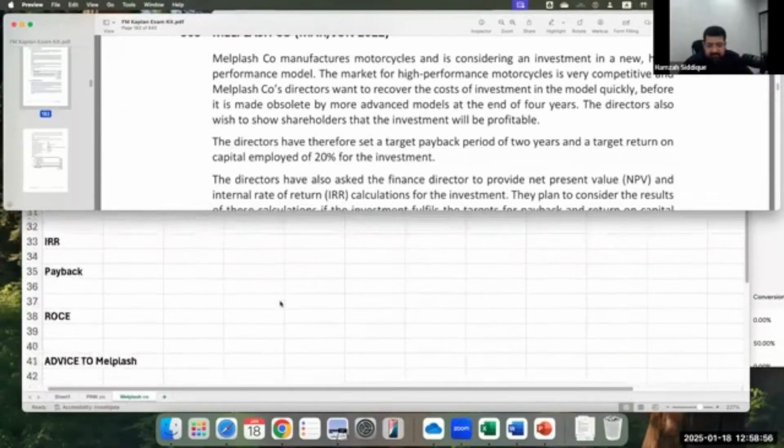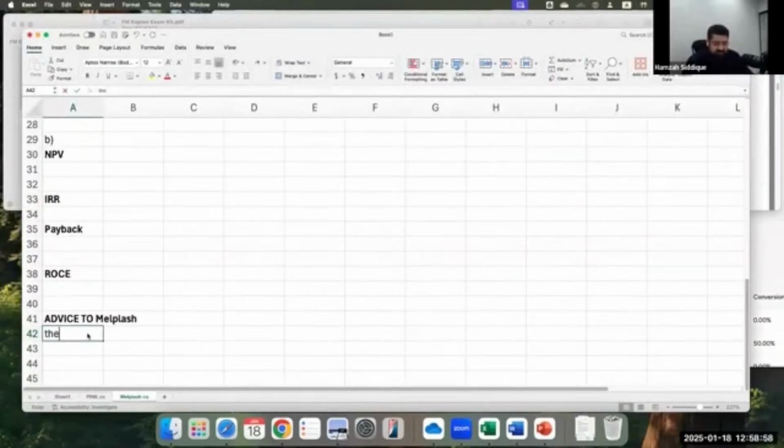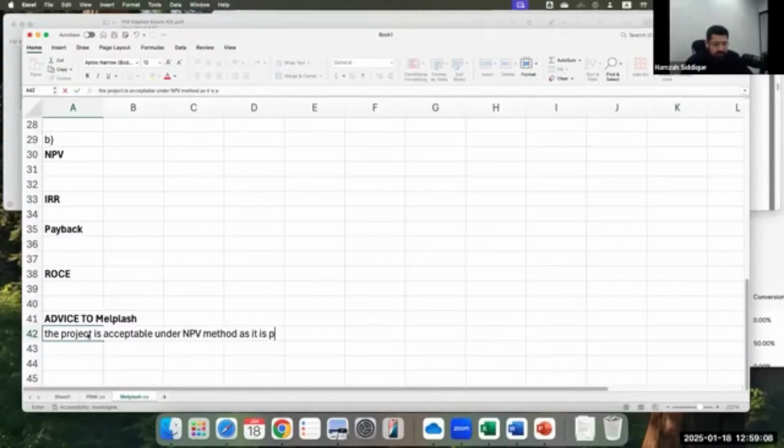Next, the project is acceptable under NPV method as it is positive, and IRR is greater than cost of capital. IRR is 17.7%, and the cost of capital is 14%.